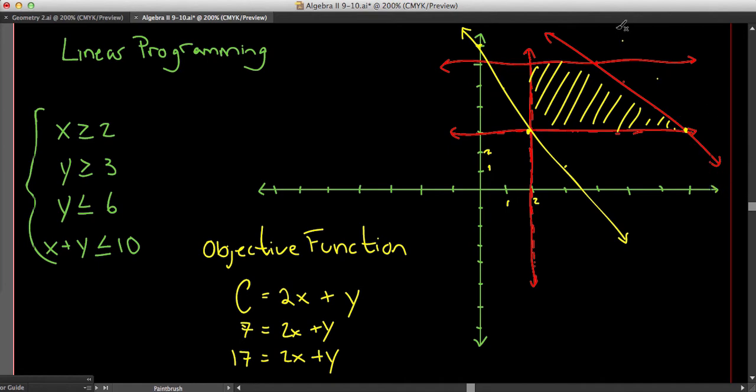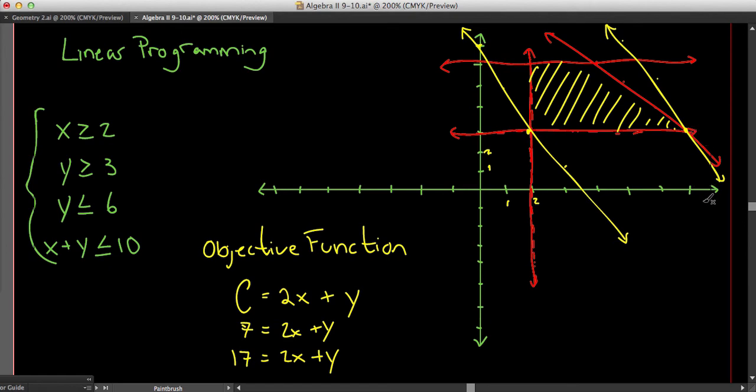Oops, I need to redraw that. So this line maximizes our function. It has a slope of -2, it satisfies our objective function, and it has a point that lives within the constraints of our initial problem. So if we were to try to determine this a little bit more effectively, this point here is going to be 7, 3.